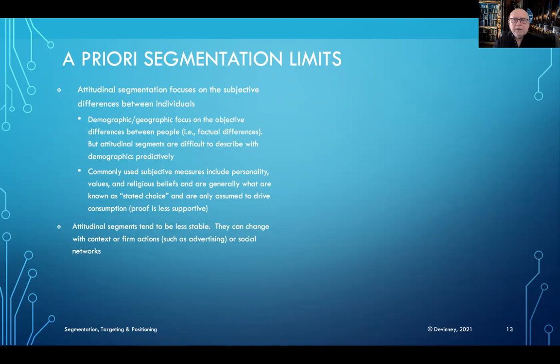Okay. The other aspect of this is attitudinal segments tend to be less stable. Again, this is the contextualization aspect of this, and you can affect those. So you can affect emotion, you can affect the nature of how people feel or what they think by their social networks.